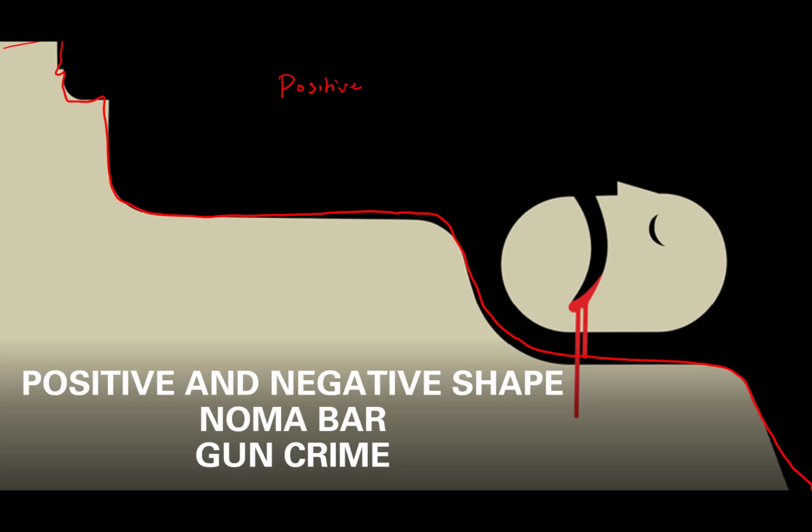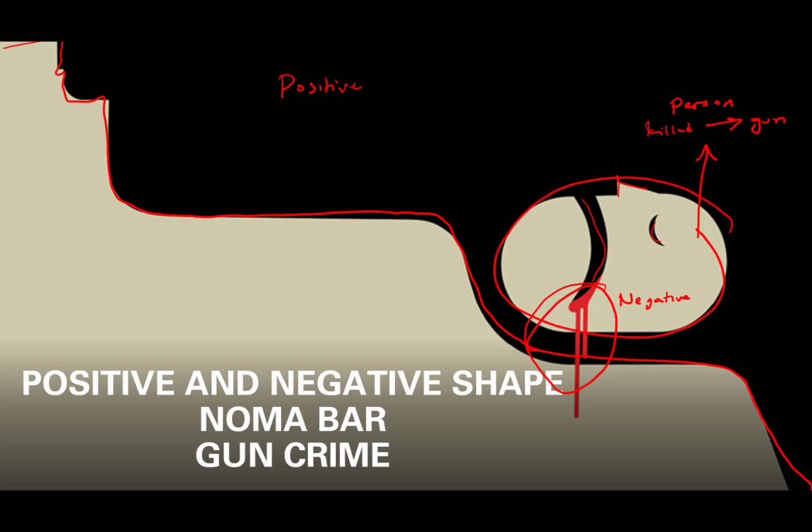Then in the negative space you have a person who looks like they've been killed, implied that it's by the gun, and a little bit of red for the blood. So there's their mouth, their eyes, their nose, and at the same time it's just the trigger as well.